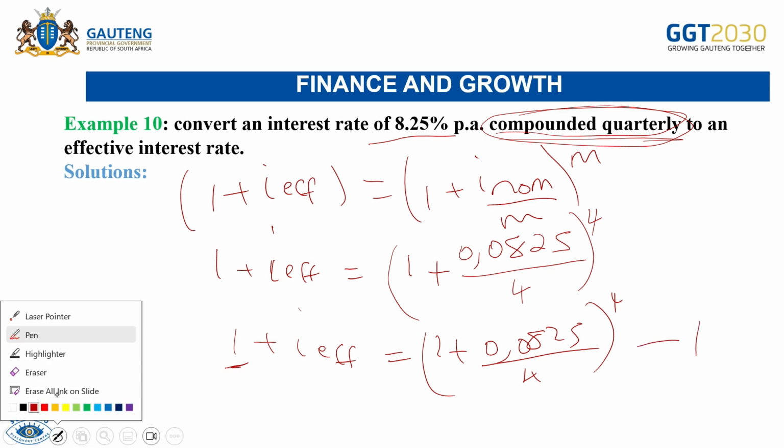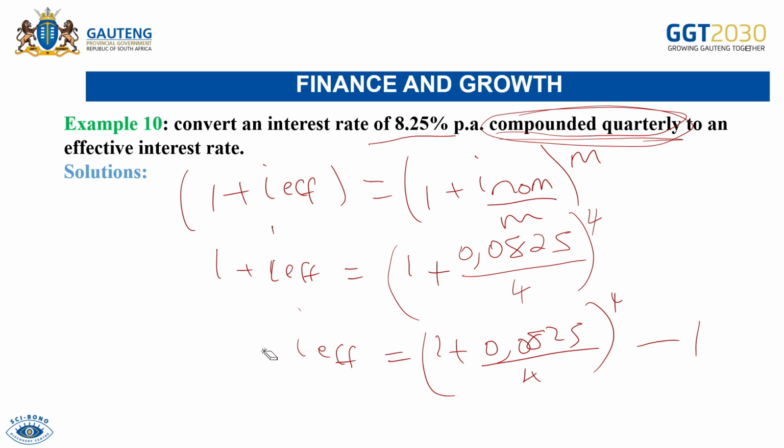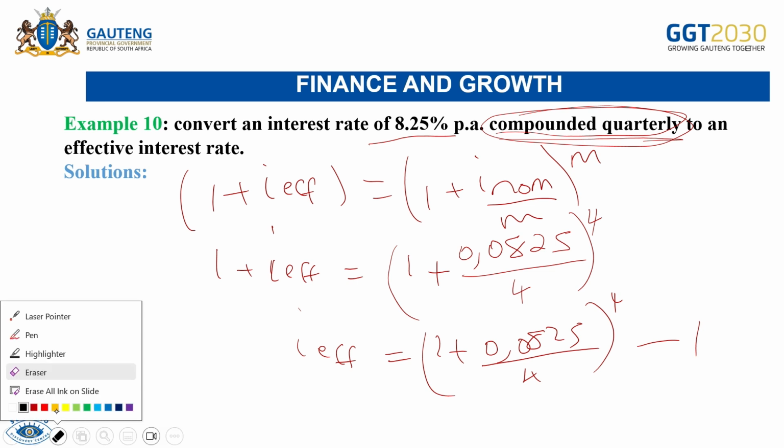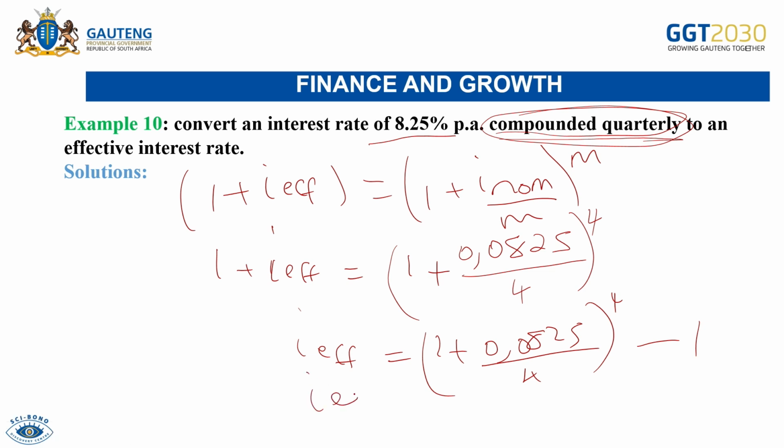So i effective would be 1 plus 0.0825 divided by 4, to the exponent 4, minus 1.